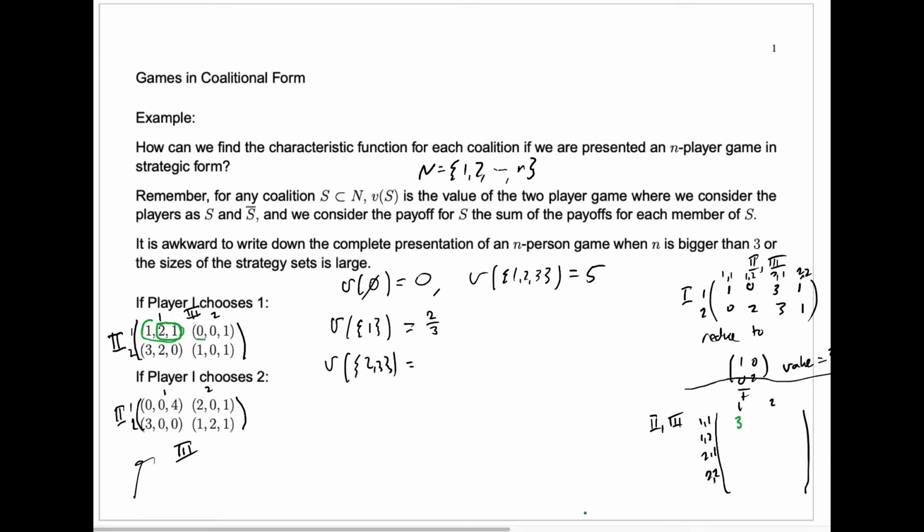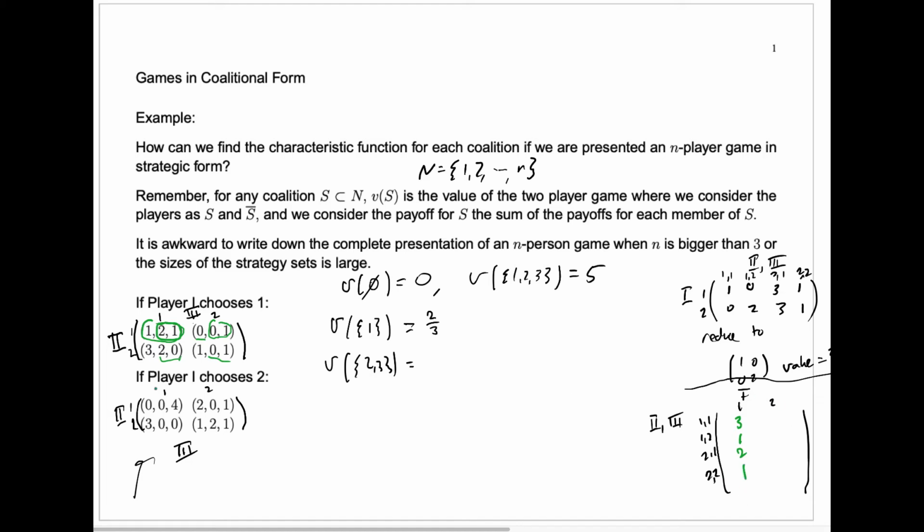I'll put these in green now. If player 1 plays 1 and 2 and 3 play 1 and 2, player 2 plays 1, 3 plays 2, we're now looking at this upper right entry in this table, and the coalition of 2 and 3 gets a total of 1 unit. It's easy to see that if 2 and 3 play 2 and 1, then they get 2 here, and if they play 2 and 2, they get a total of 1.